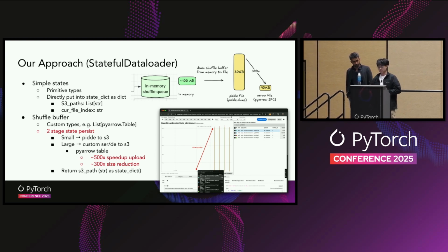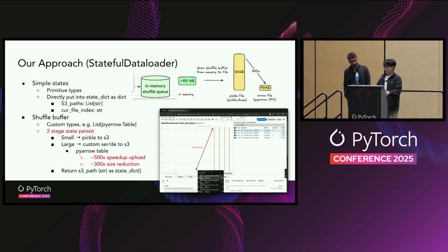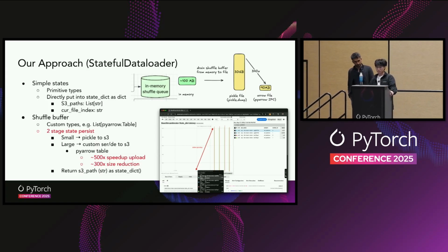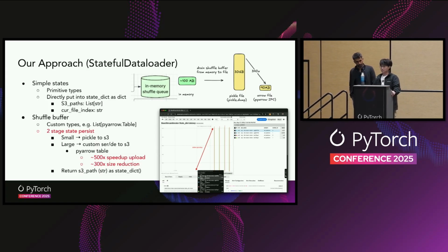So what we ended up doing is, instead of using pickle, we use the PyArrow IPC serialization protocol to dump that file locally first, and then instead of transferring that state back to the main process, we do a two-stage persist. We first write it to S3 or whatever external storage, then we get the S3 path back.